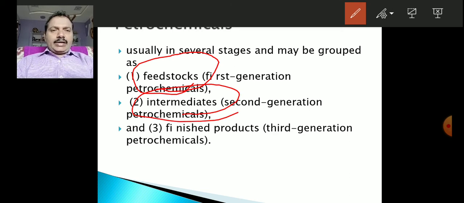So the intermediates take these feedstocks and give us the finished products. The finished products are third generation petrochemicals, end use products. So, this is the petrochemicals grouping.